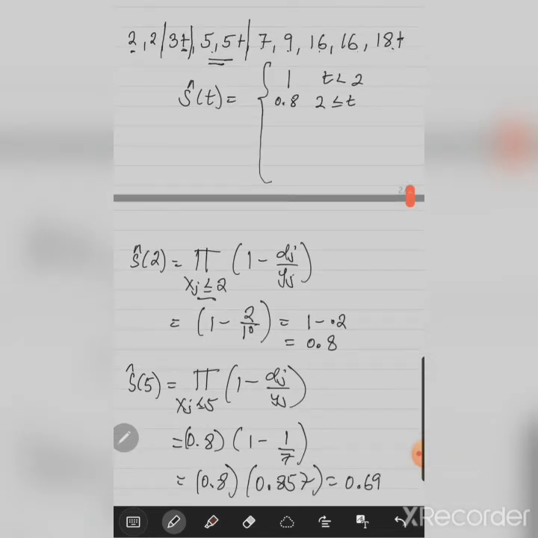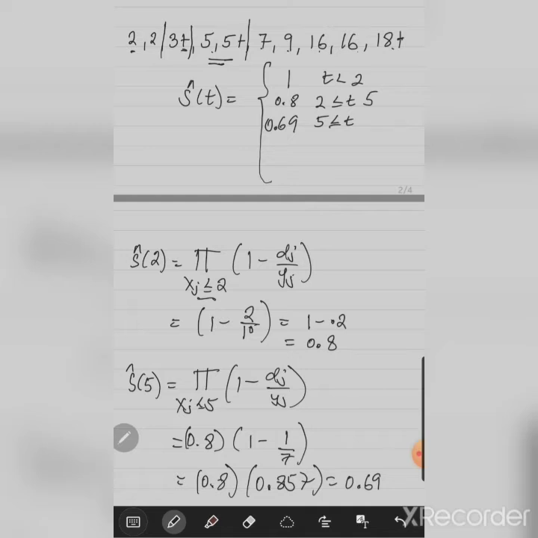So we have 0.69 as part of our function. So this is going to be the value when t is less than 5, and when t is greater or equal to 5, the survival function is going to be at 0.69. So we are done with observations at t is equal to 5.